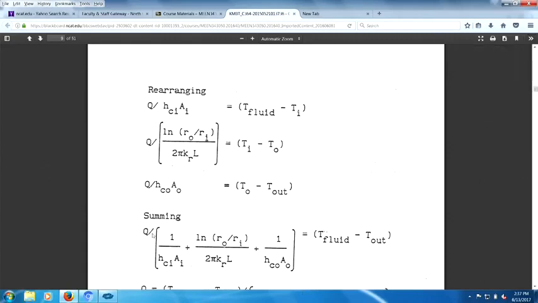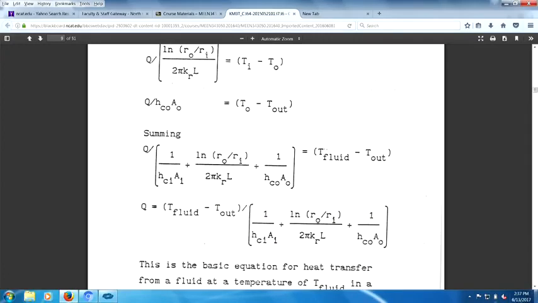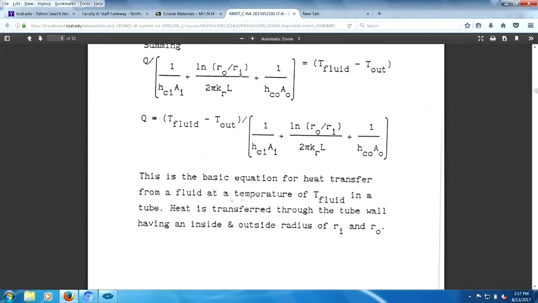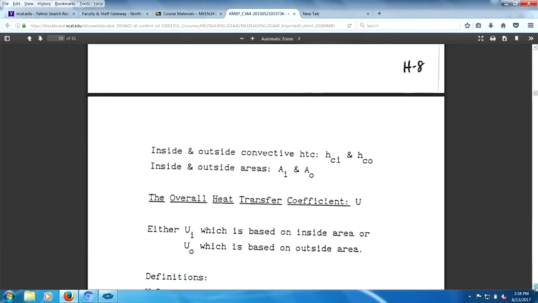And then what we have here is Q divided by 1 over this term, and then this term, okay? This is a basic heat transfer from a fluid at temperature, heat transfer through the wall, outside radius, whatnot. Absolutely gorgeous equation.